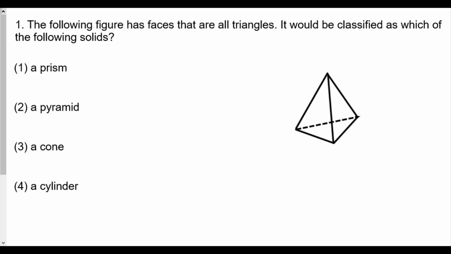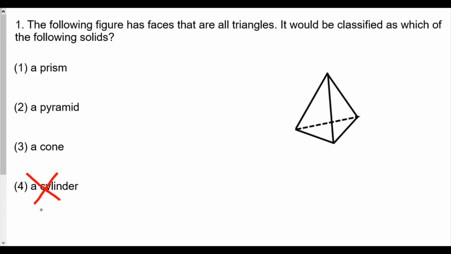Now, a cylinder it cannot be, because a cylinder is a three-dimensional figure that has two parallel faces that are circles, and we call the lateral side, the surrounding side, rounded. Definitely not a cylinder, because all of these are polygons, so no circles here. Not going to be choice 4.